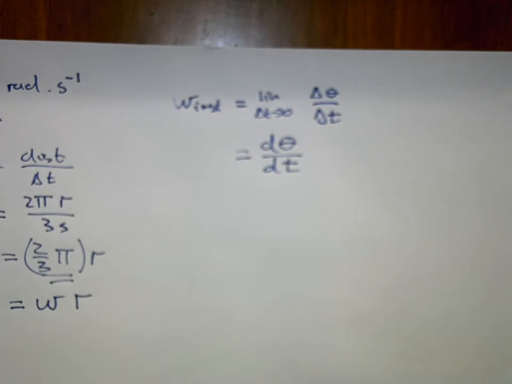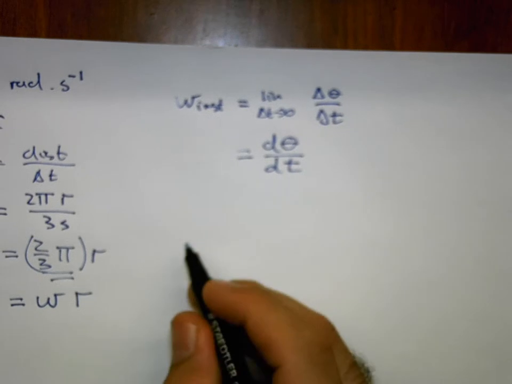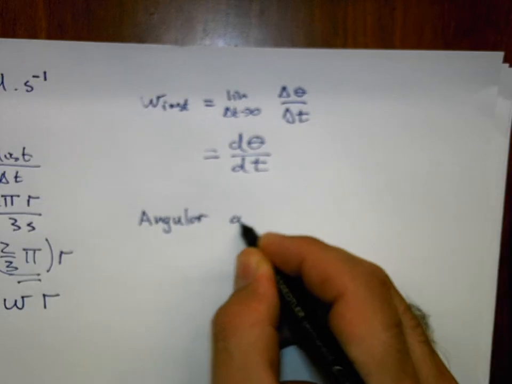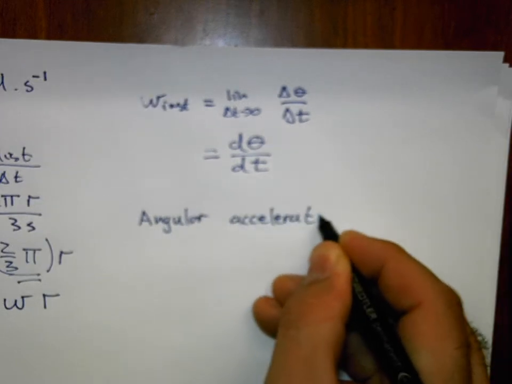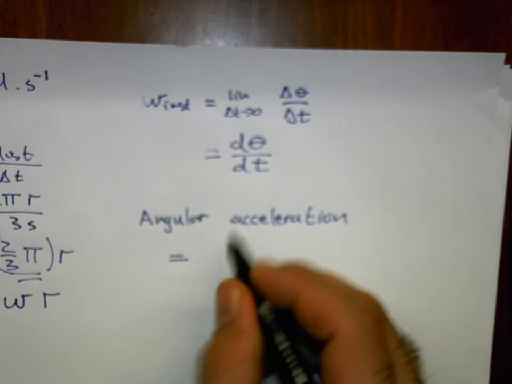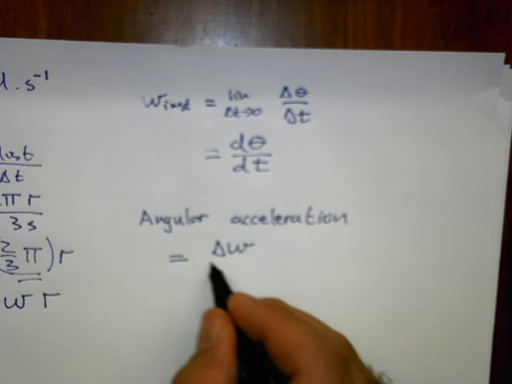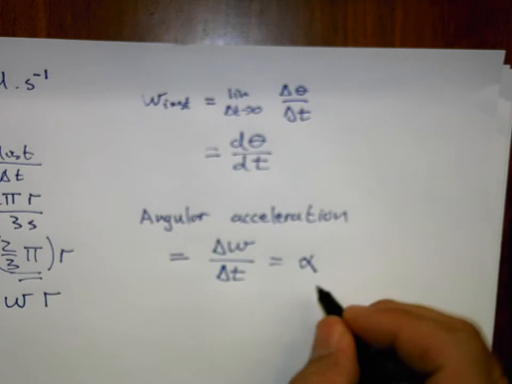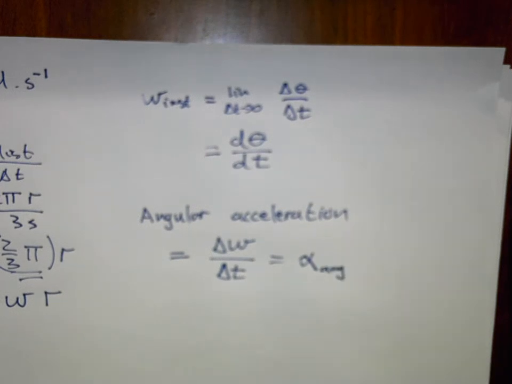Also, we can have that this disk rotates faster and faster and faster. So its angular speed increases with time. So we can define an angular acceleration in the same way we did for straight line acceleration. This must be equal to the change in angular speed divided by the change in time, and we call this quantity alpha. It's just a Greek symbol again, and this is an average acceleration.